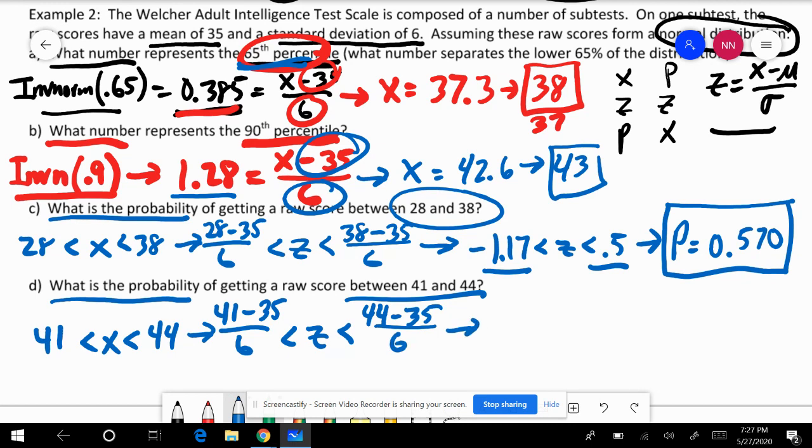With those two z values, we're going to simplify them, and what we get is 1 and 1.5. And we're going to be using the normal CDF. We're going to put in our least value first, our greatest value second, and we're going to convert the z value into a probability, which when we plug it into the calculator gives us 0.09.